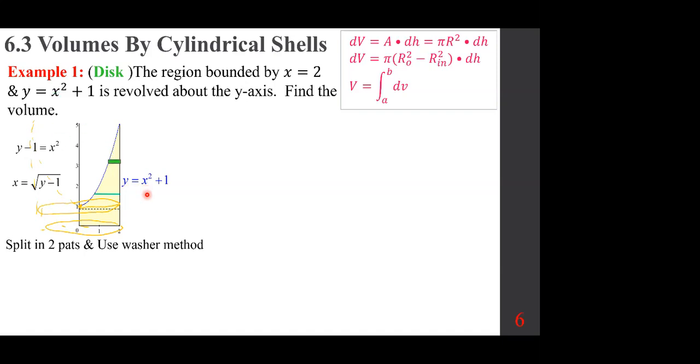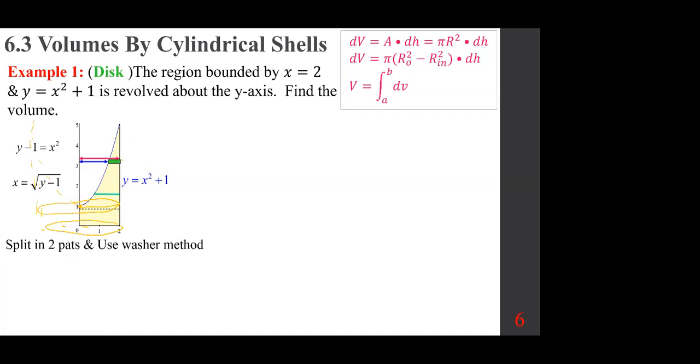Here's the outer piece, R out, which is equal to 2. Here's the inner piece, R in, is the x coordinate. So first, understand these are x coordinates, class.